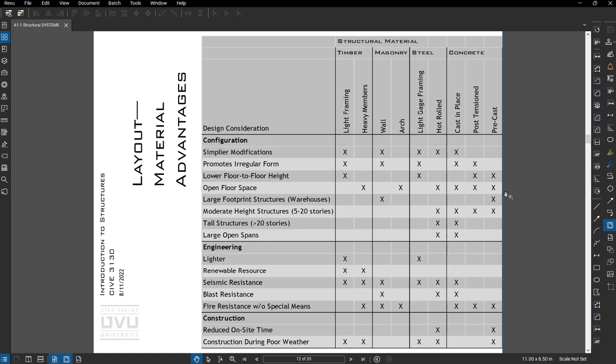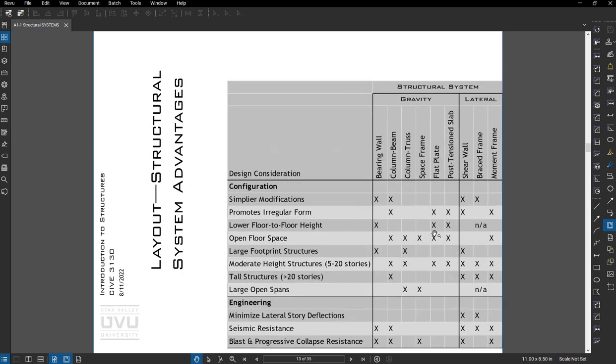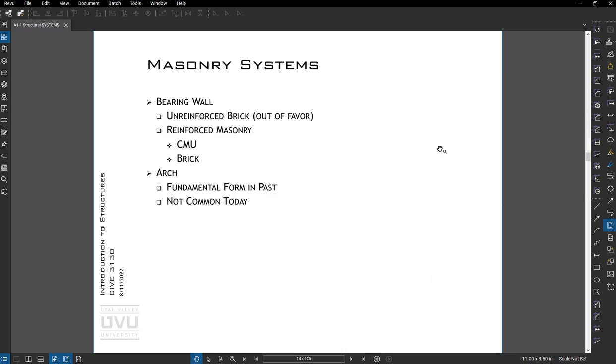So if we're looking for a blast resistant building, we're probably not using wood, but if we want something that's easy to modify, we're definitely using wood. Similarly, a similar table with different gravity system advantages, or systems that work best for different things.